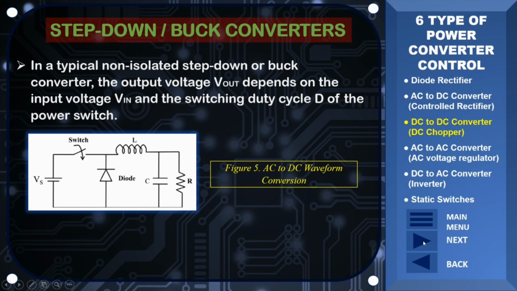Although modern buck converters frequently replace the diode with a second transistor used for synchronous rectification, and at least one energy storage element, a capacitor, inductor, or the two in combination.